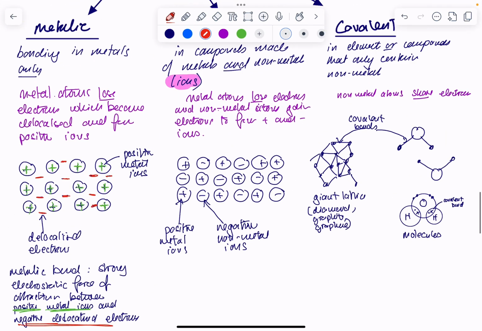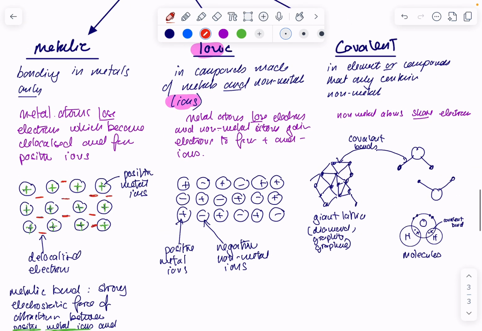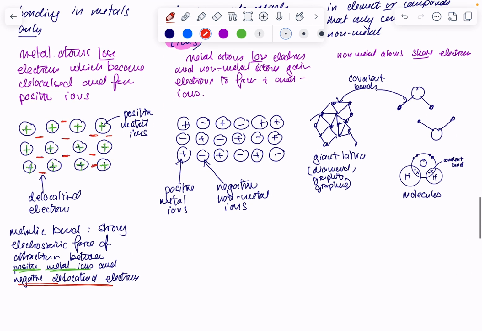So remember what we said a chemical bond was? It was a strong electrostatic force of attraction between something positive and negative. Metallic bonds are a kind of chemical bond, and they have a strong electrostatic force of attraction between positive metal ions and negative delocalized electrons.